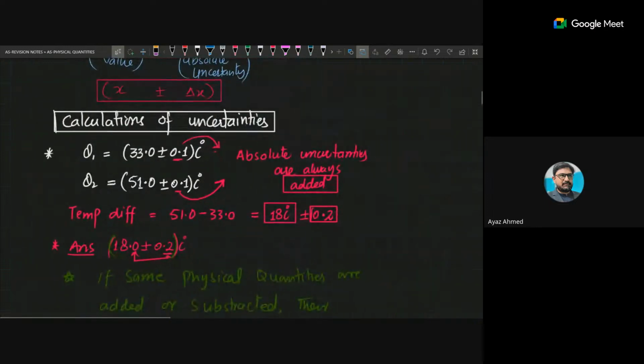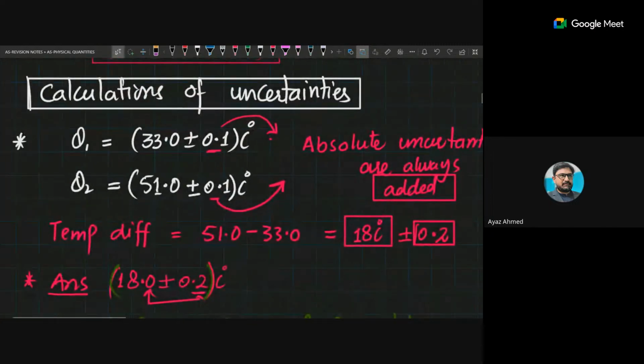For any calculation, let's say theta 1 is a temperature with value 33.0 plus minus 0.1 degree centigrade, and theta 2, after some change in temperature, is 51.0 plus minus 0.1 degree centigrade.